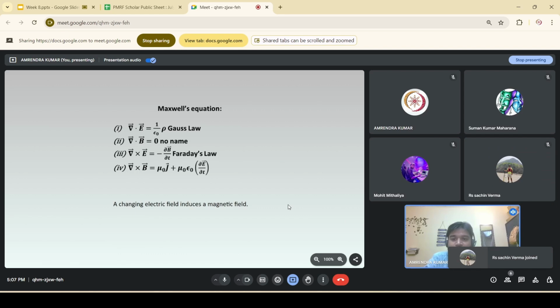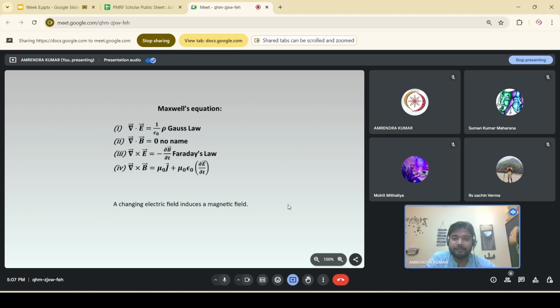And then the third law is del cross E equal to minus del B over del t. It is related to Faraday's law, where any change in the magnetic flux gives rise to an electric potential across a medium where the flux is changing. So the differential form of Faraday's law is given by del cross E equal to minus del B over del t.